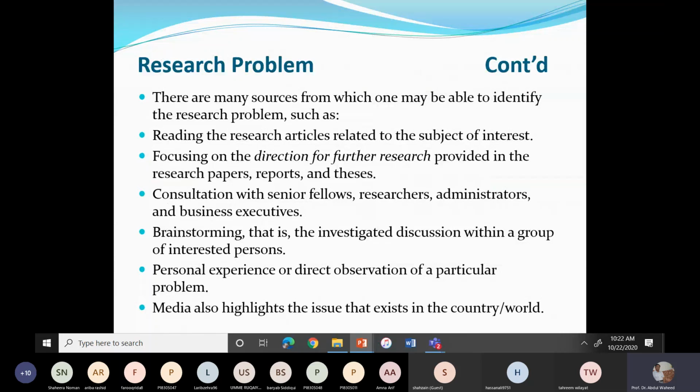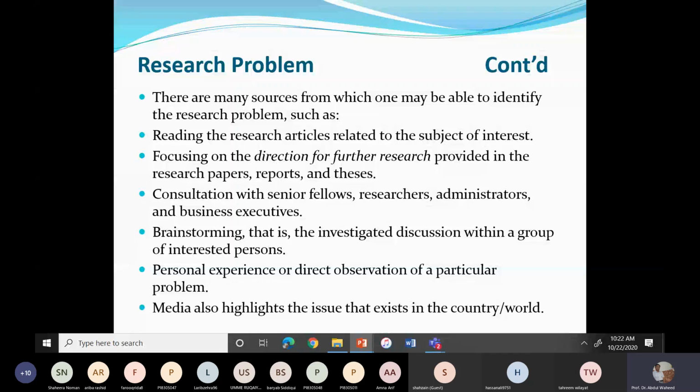So there are many sources from which one may be able to identify the research problem. The question is what we have to refer to identify the research problem. If you read the research articles related to the subject of your interest, then you will be able to identify the research problem.